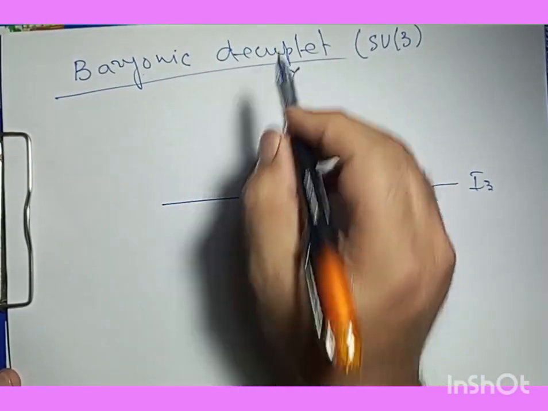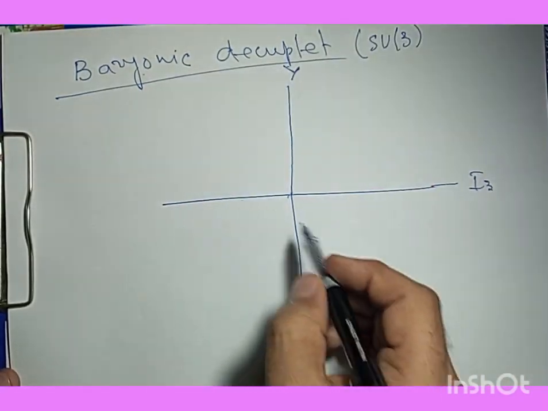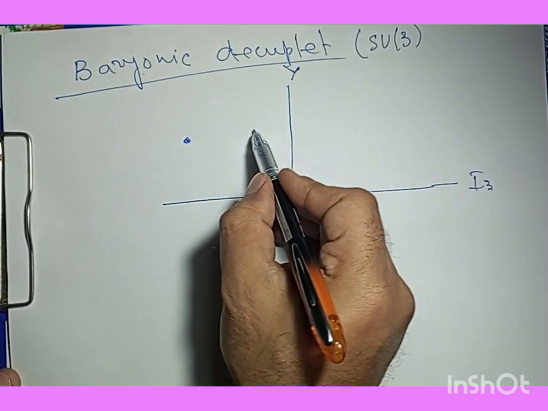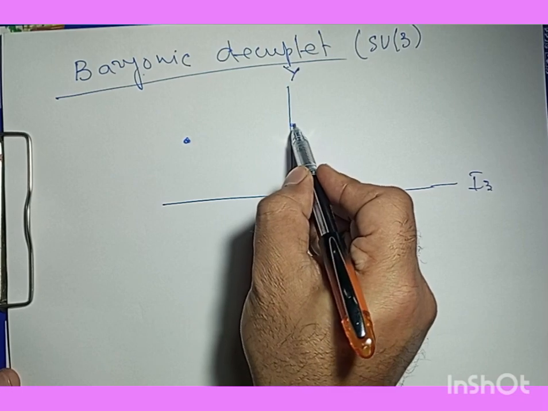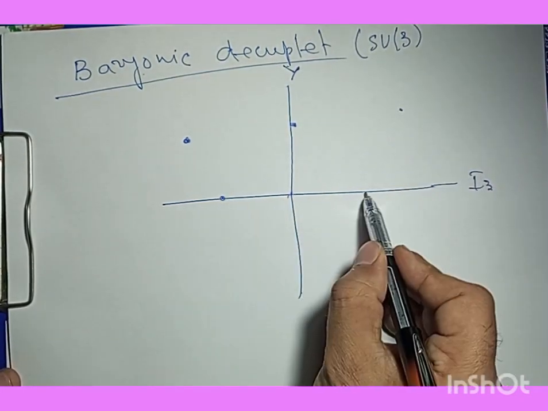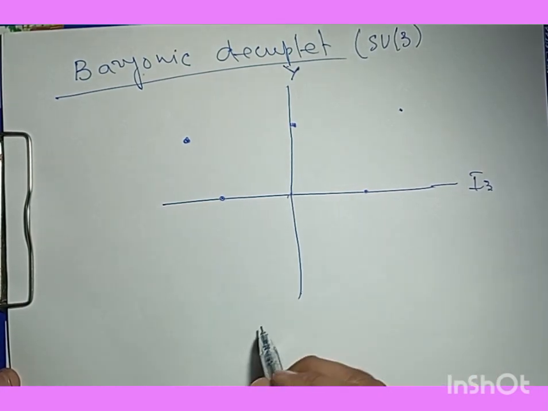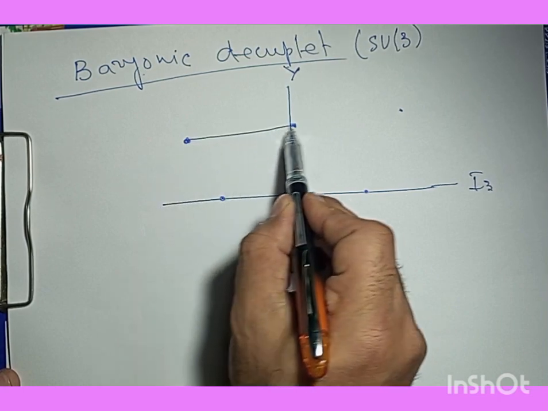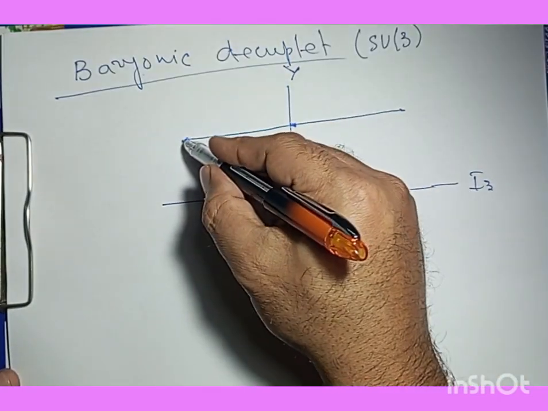Now, in this case, we have particle 1, then let me choose another, and another, and then here and here, and then let me put the names of the particles. Okay.